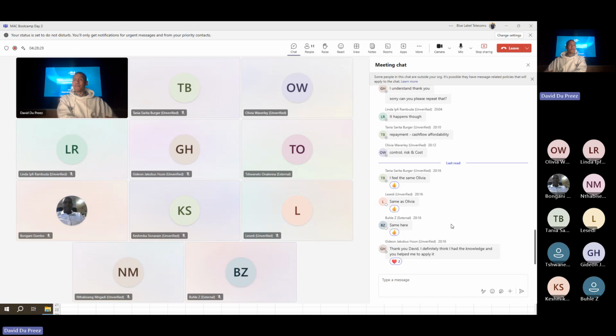My view is always this: 100% of the exam can never be 100% of the content, but 70% of the content that I cover can easily be 100% of the exam.